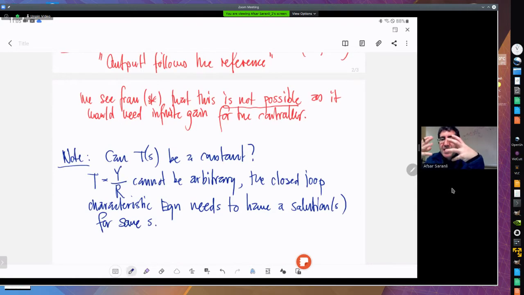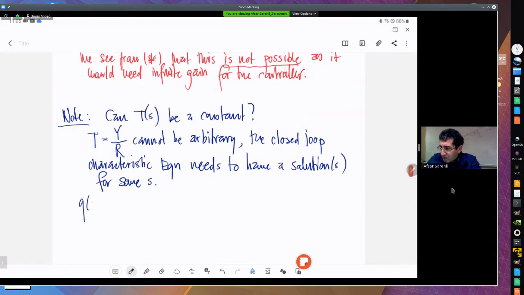There needs to be some poles of the closed loop system, and these are the solutions to the characteristic equation. Remember what the characteristic equation is. So Q of s equals 0 needs to have a solution. That means 1 plus GC of s GP of s equals 0 needs to have a solution.